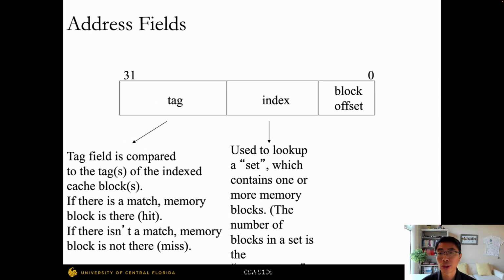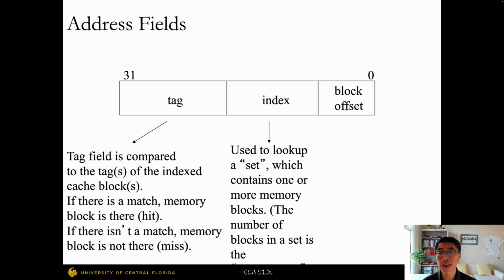When the load or store provides an address, the tag bits are used for comparison against the tags that are stored in the cache. If the tags match, we have a cache hit, so the block that we want is actually in the cache.